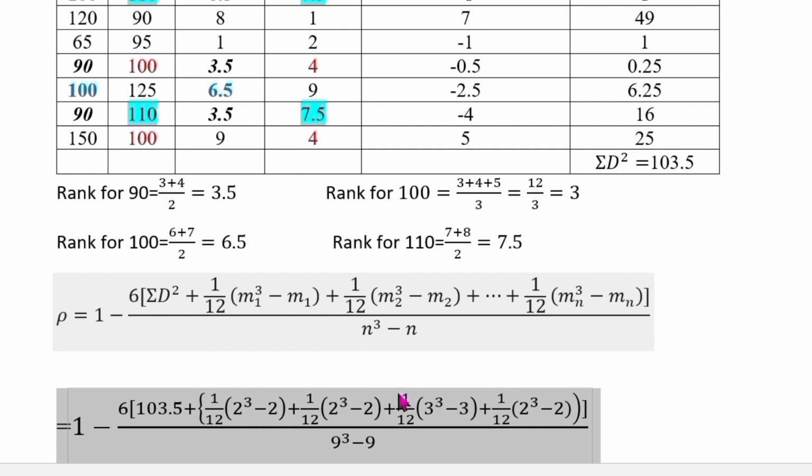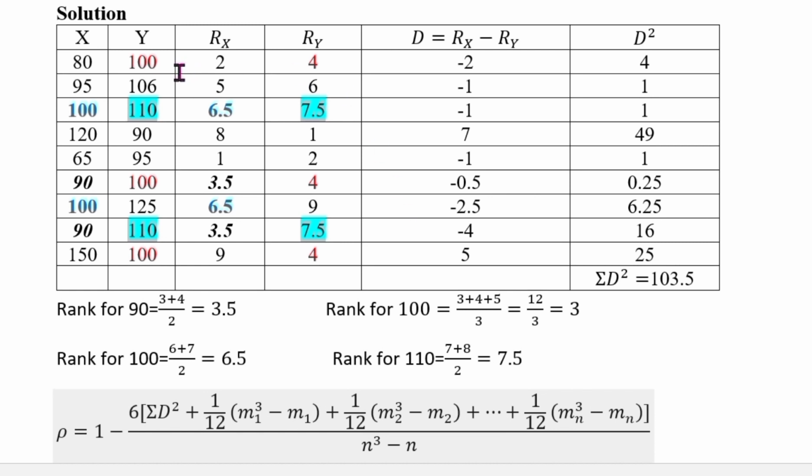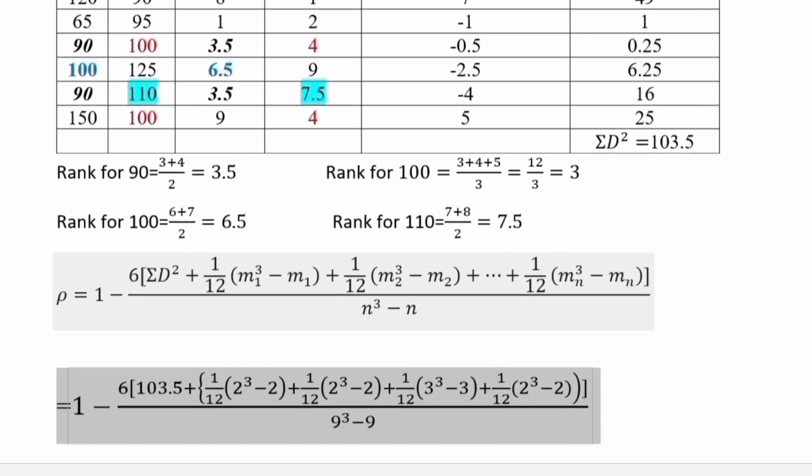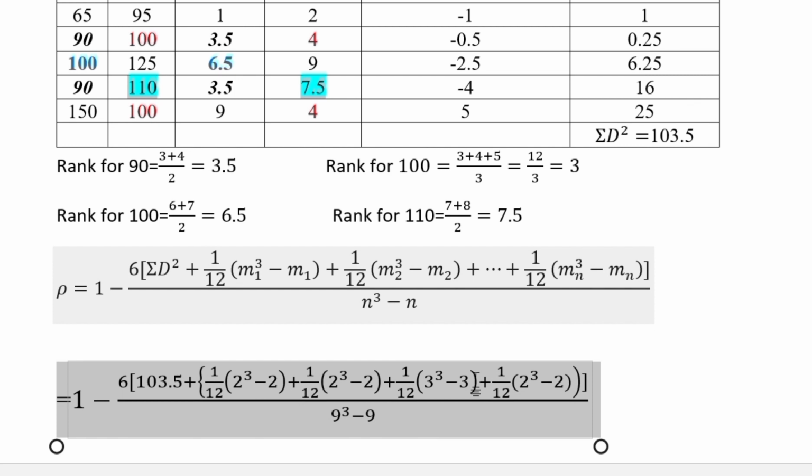Then plus 1 over 12 into 3 cubed minus 3. Why 3 cubed? Because the other number that has been repeated is this 100, which has been repeated 3 times. So we take the number of times it has been repeated, which is 3, you cube it minus 3.